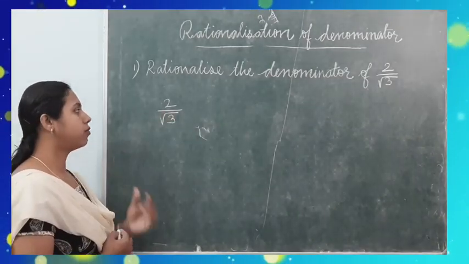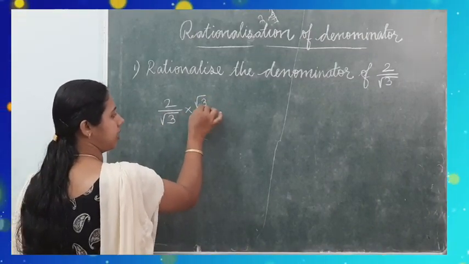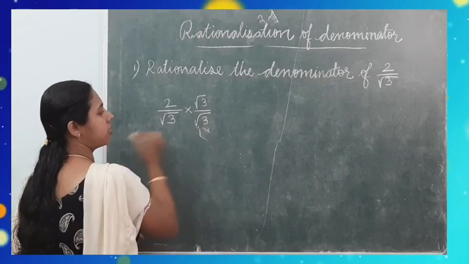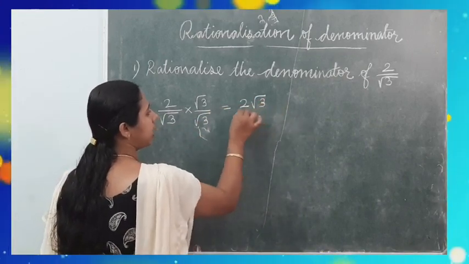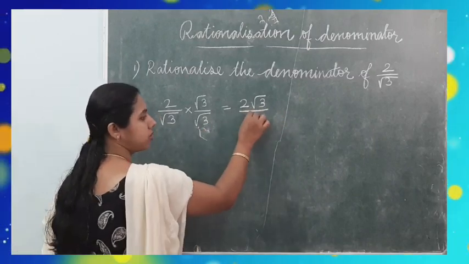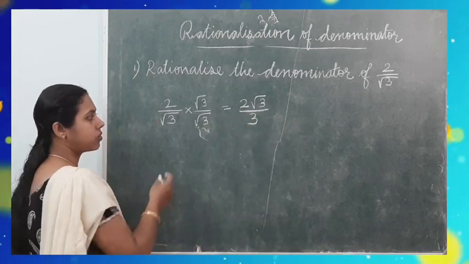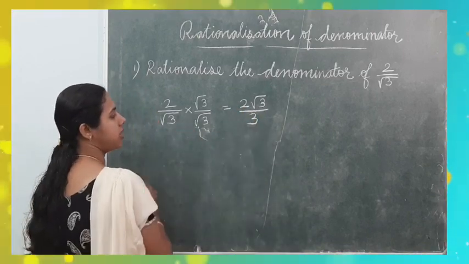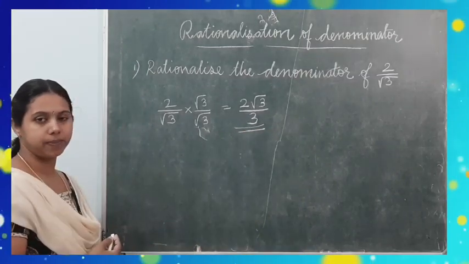So multiply the numerator and denominator by root 3. So 2 into root 3 is equal to 2 root 3, divided by root 3 into root 3, that is equal to root 3 whole square, that is equal to 3. So we rationalized the denominator. Now we got the answer 2 root 3 by 3.